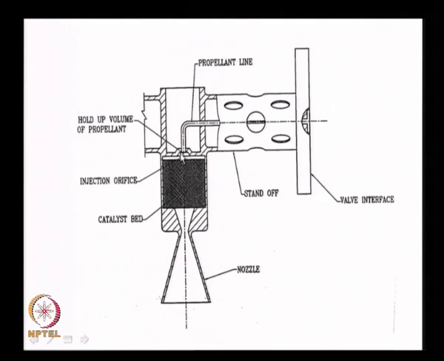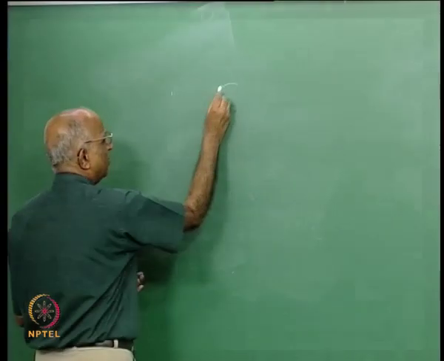I have the injector here, which could be shower head or some of the screens I am talking of, and this is the catalyst bed. How do you specify a catalyst bed? Let us just spend a couple of minutes on the catalyst bed. We told ourselves, well, catalyst bed consists of alumina.